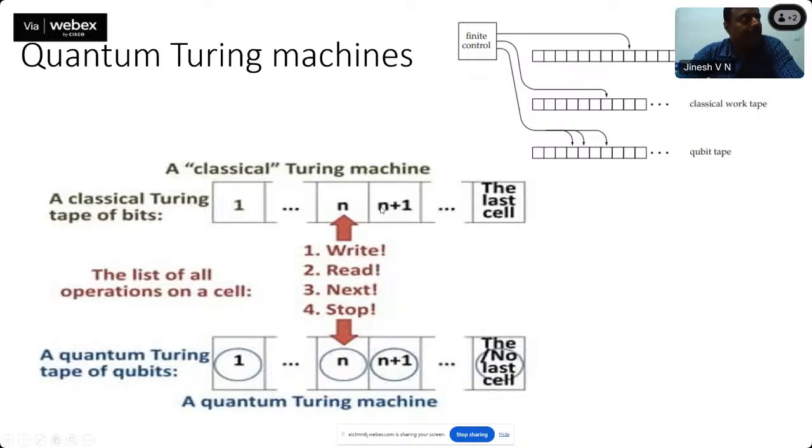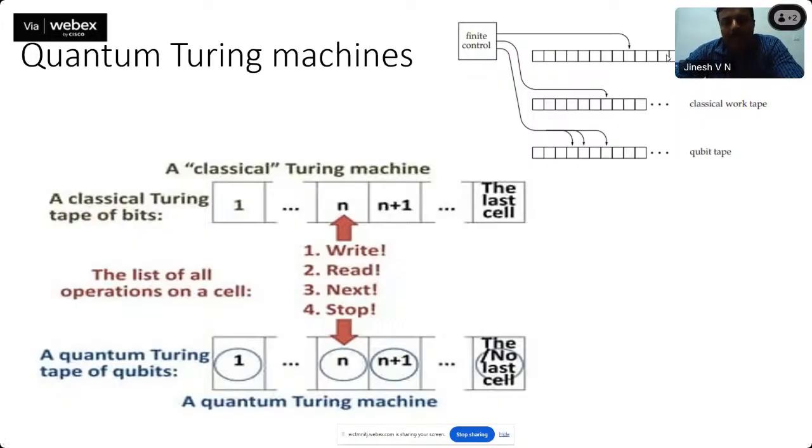The input program will be loaded to the input tape. Whatever program we are giving will be in the input tape, and it will be reading the input.